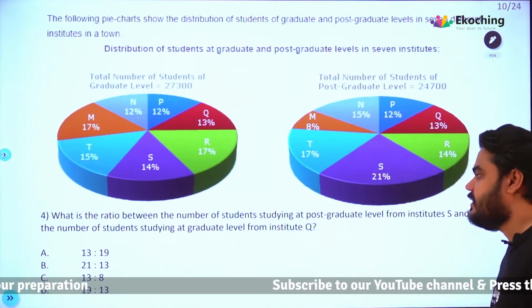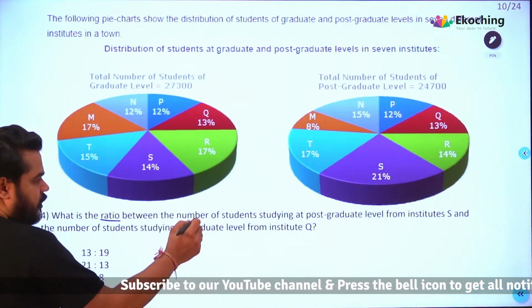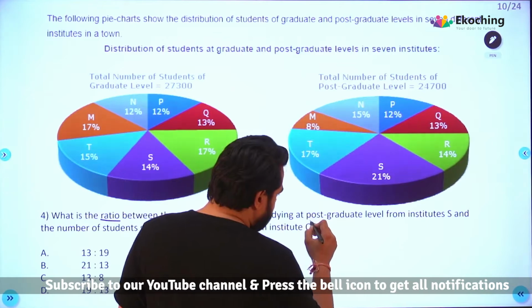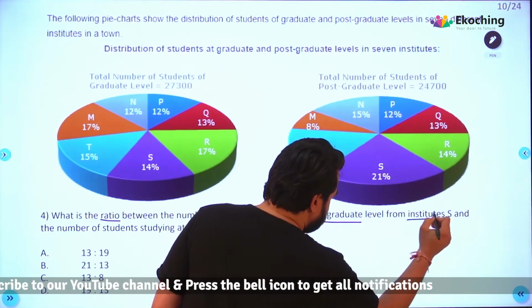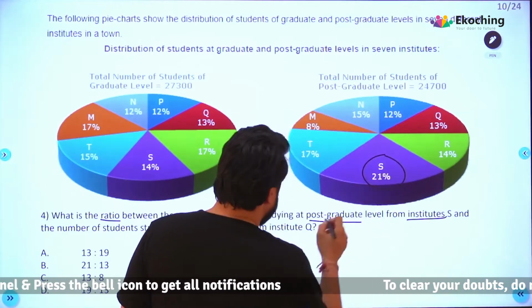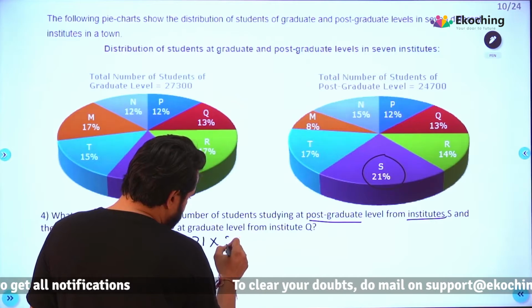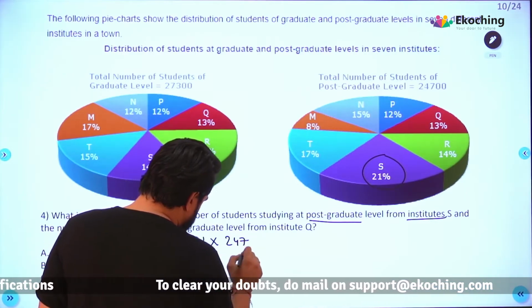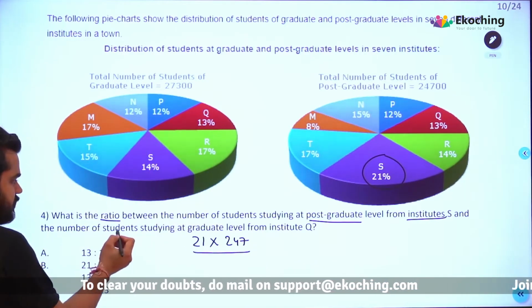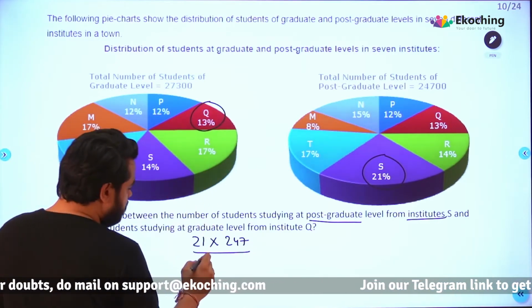Let's try this question. Ratio between. So we are supposed to find the ratio of number of students studying at postgraduate from Institute S. Institute S is 21%. So numerator is 21 into 247. Denominator is number of students of graduate from Q, 13%.